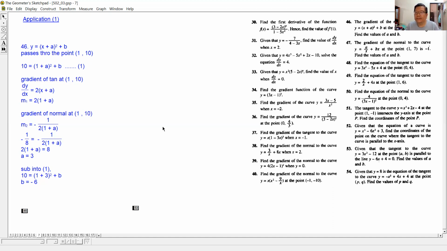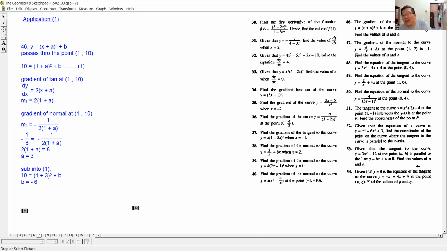Okay, now this is what we're going to do. We look at question number 53. Given that the tangent to the curve at the point A, B is parallel to the line, find the values of A and B. Now the unknown is not inside the equation of the curve.